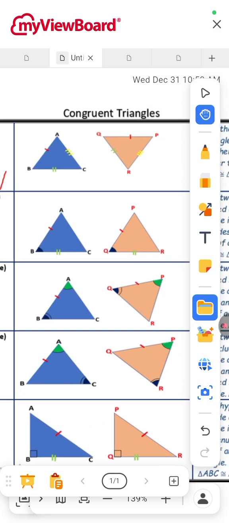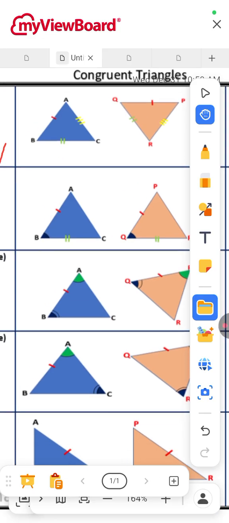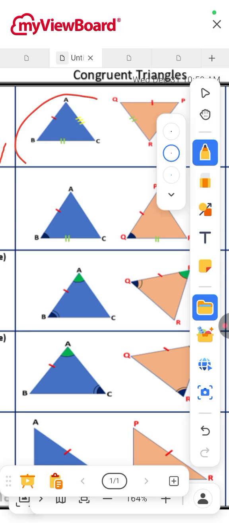Now, let's look at the diagram for the first one. Here I can see two triangles, triangle ABC and triangle QPR. So ABC, we can see it here, and then we can see triangle QPR. We can see that one here.